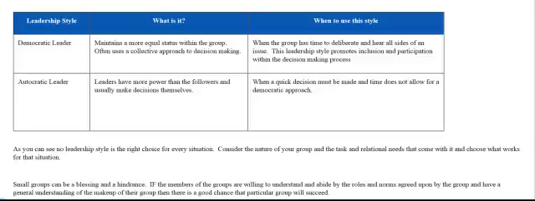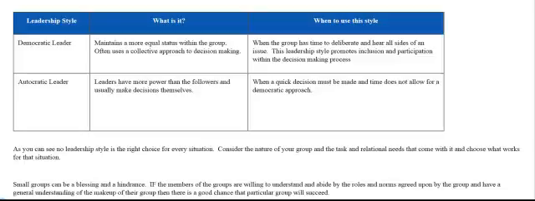A democratic leader maintains that a more equal status in the group is necessary. It's like having a democracy. People can vote, people can participate, everyone has equal status. And they often use a very collective approach to decision making. When is it good to be a democratic leader?